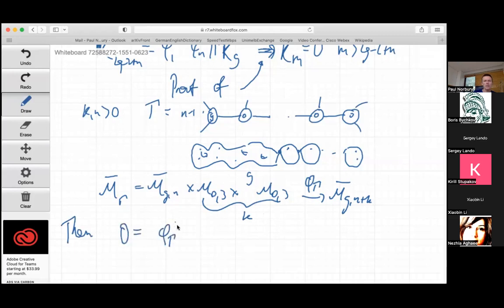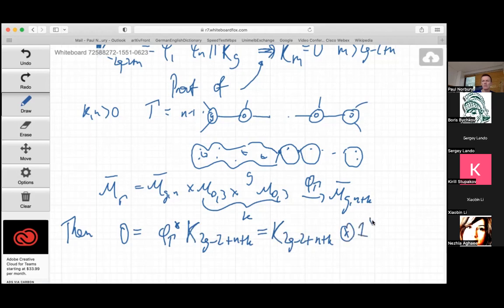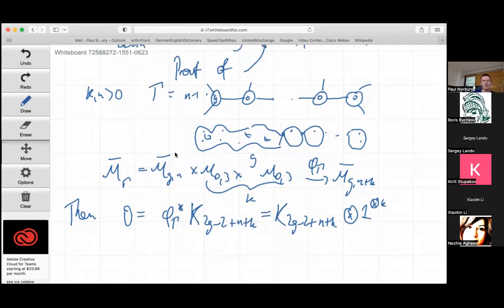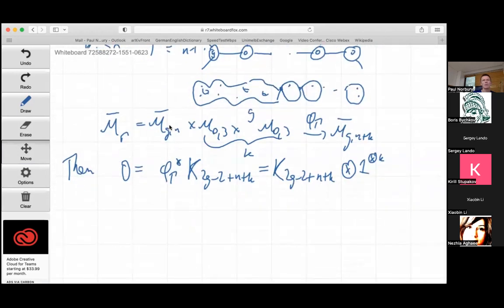If I take the restriction of this class, K_{2g-2+n+k}, I get K_{2g-n+k} tensor 1 in all these factors. Let me describe both of these equalities.